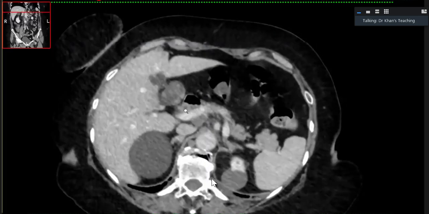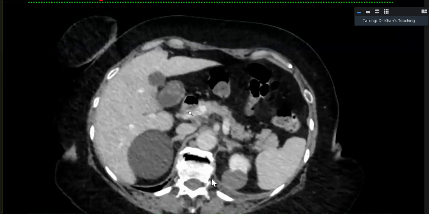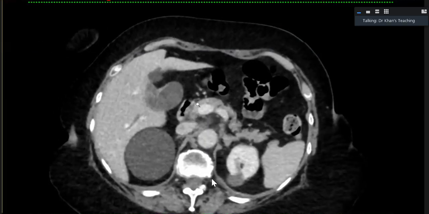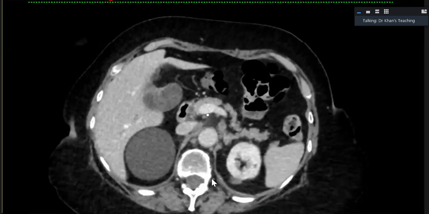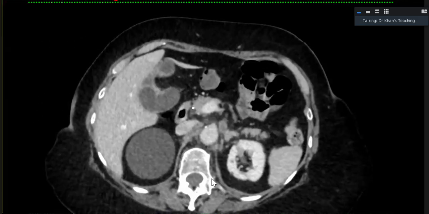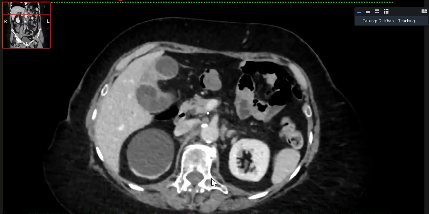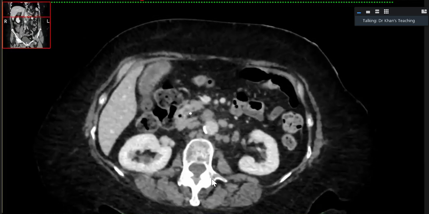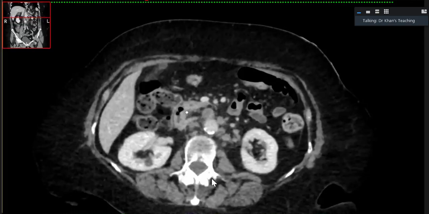Now if we trace it distally, we are heading towards the head of the pancreas. At this site, this is the neck of the pancreas. You can see the distal CBD, which is normal, and we can trace it till the duodenum.